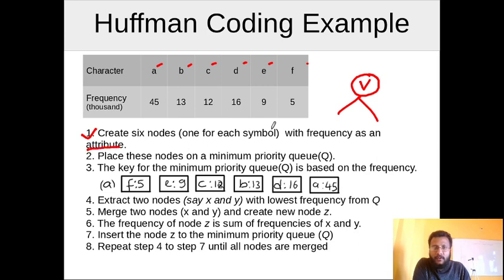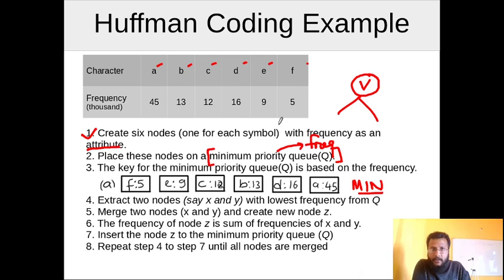Each node is going to have a frequency, and we are going to place all these nodes in a minimum priority queue. A priority queue is a queue in which we give a priority based on the frequency. The key value is the frequency. So, these are the 6 nodes F, E, C. I have sorted this minimum priority queue in terms of frequency.